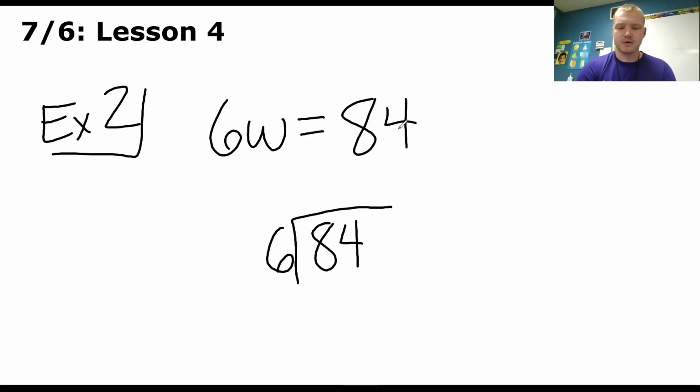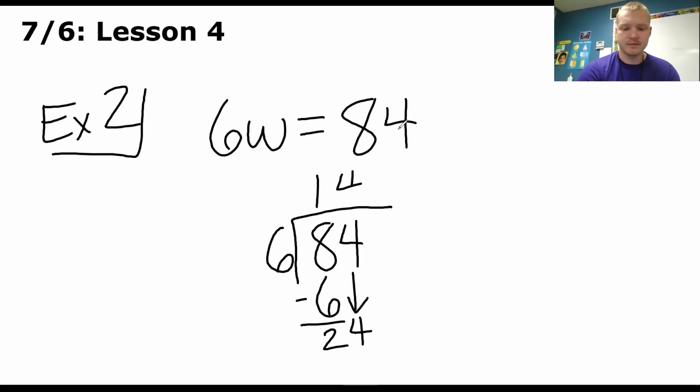Okay, so 6 goes into 8 once. We have an answer of 2 there. Bring down my 4. And then 6 goes into 24 4 times. So that comes out evenly. So w equals 14.